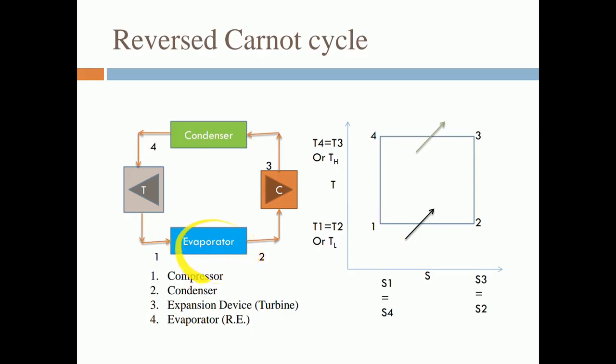In the evaporator we have the refrigerating effect, because at the entry of the evaporator the working medium is at low temperature, low pressure, and in liquid form. When it enters the evaporator, it produces the refrigerating effect. How? If we blow hot air and it contacts the evaporator coil, that hot air is converted into cold air.